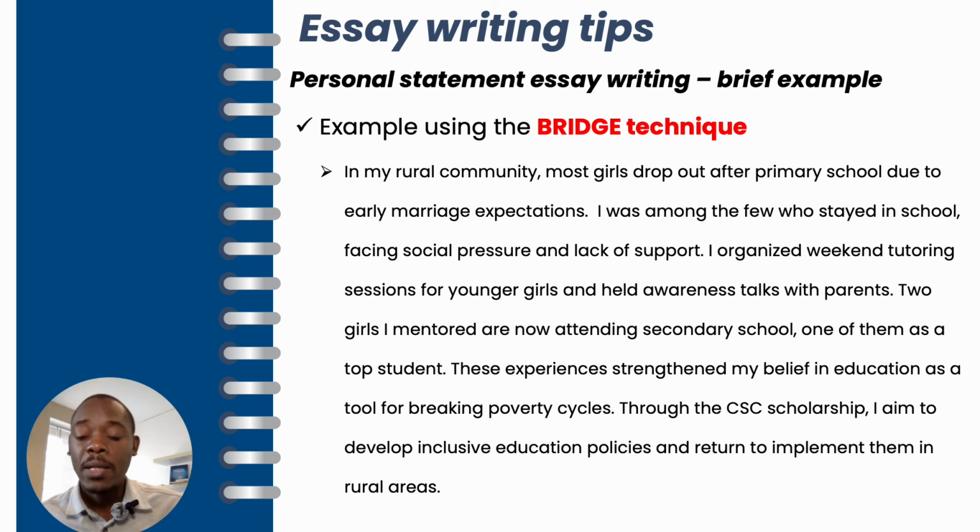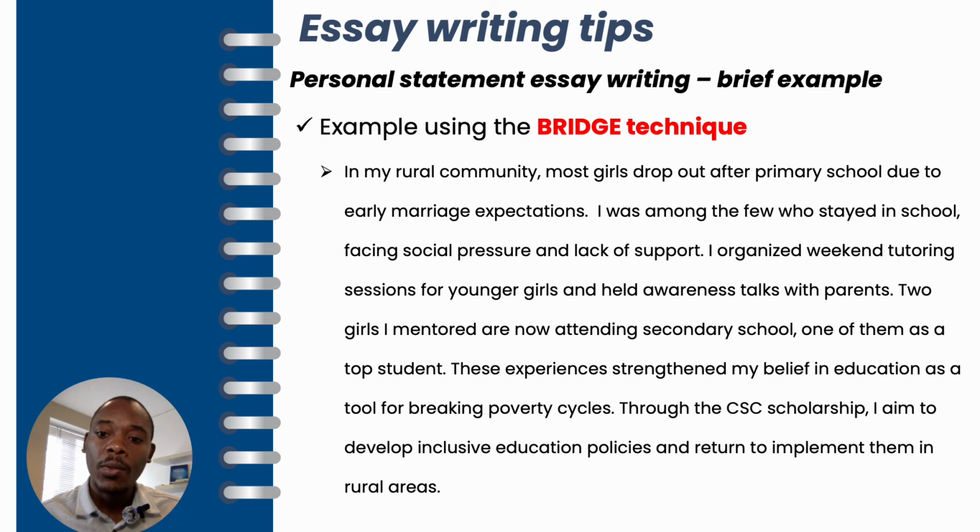Okay, so what initiative did you bring in? I organized weekend tutoring sessions for young girls and held awareness talks with parents. So again, the initiative is focusing on trying to address the problem of early marriages by organizing weekend tutoring sessions for girls who are affected, and also awareness to their parents who are marrying these young girls early.